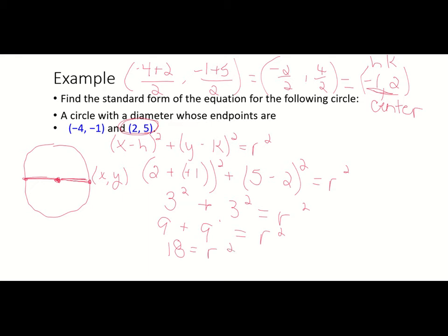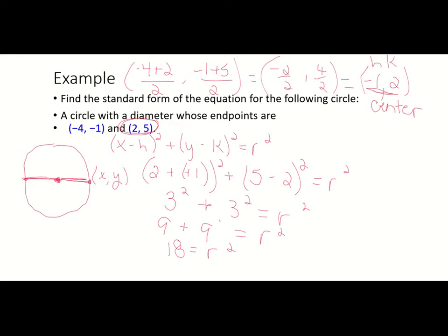That is our r squared, our radius squared. Now, if you were to solve it using the distance formula, you would use the center and one of your two points, and you would get r, which is the square root of 18. You need r squared, so you just square it and you get your 18. Either way is okay.